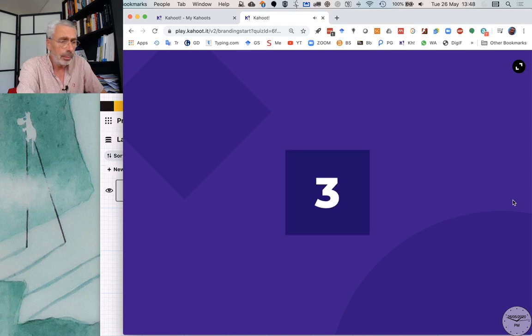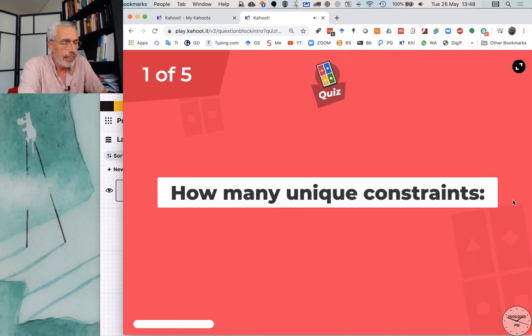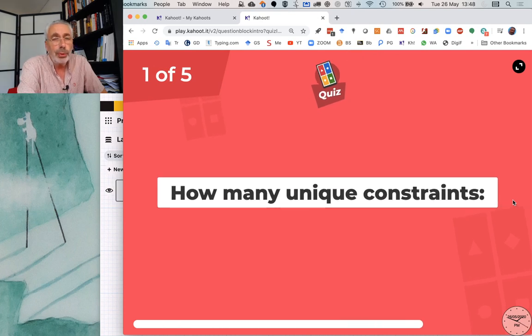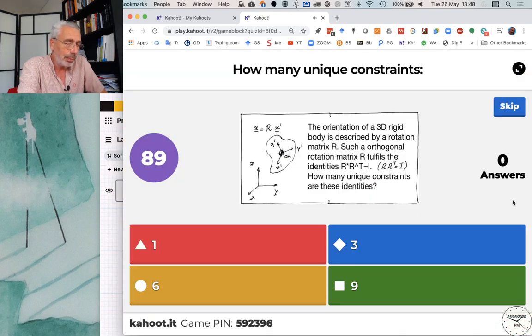5 questions again. 1 single answer. It's about how many unique constraints there are on a rotation matrix. Shouldn't be too hard.